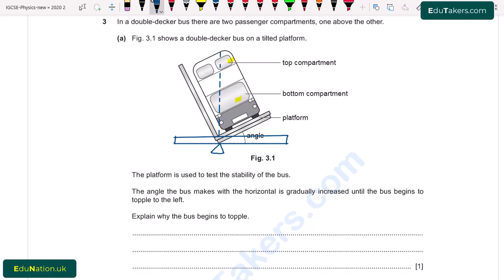It means that the weight on both sides are equal and force is also same, which means that the clockwise movement will be equal to the anti-clockwise movement. So it's the balance. Next is that we have to increase its angle. So I'm going to change its position.